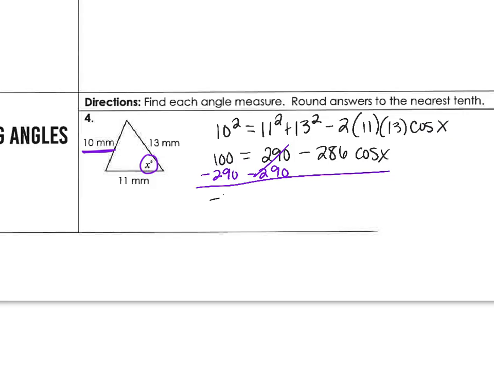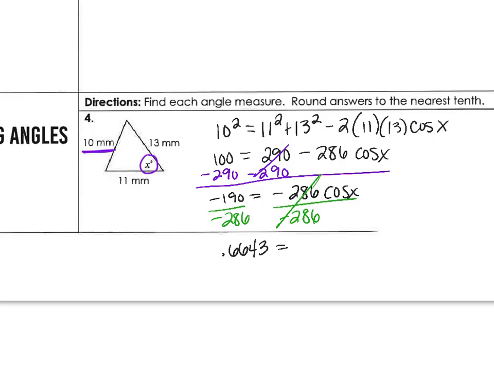So we get negative 190 equals negative 286 cosine x. Divide both sides by negative 286, which is 0.6643, something like that, equals the cosine of x.